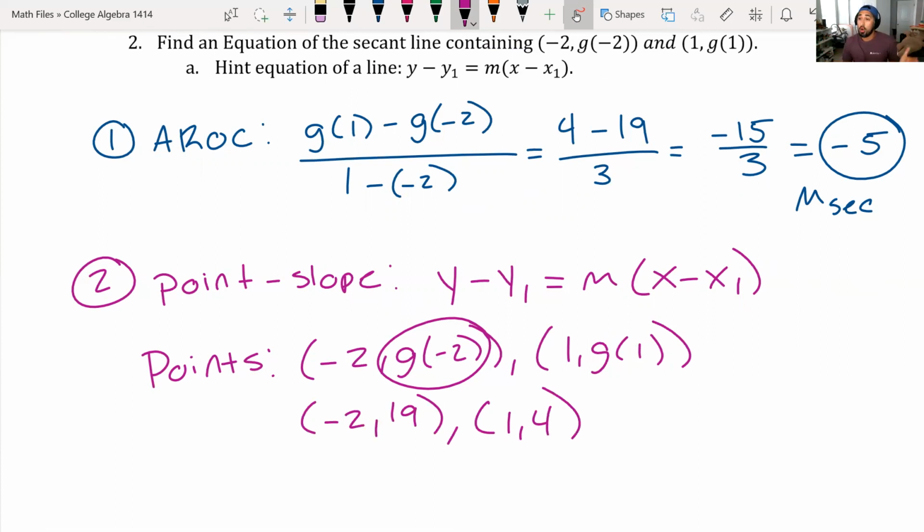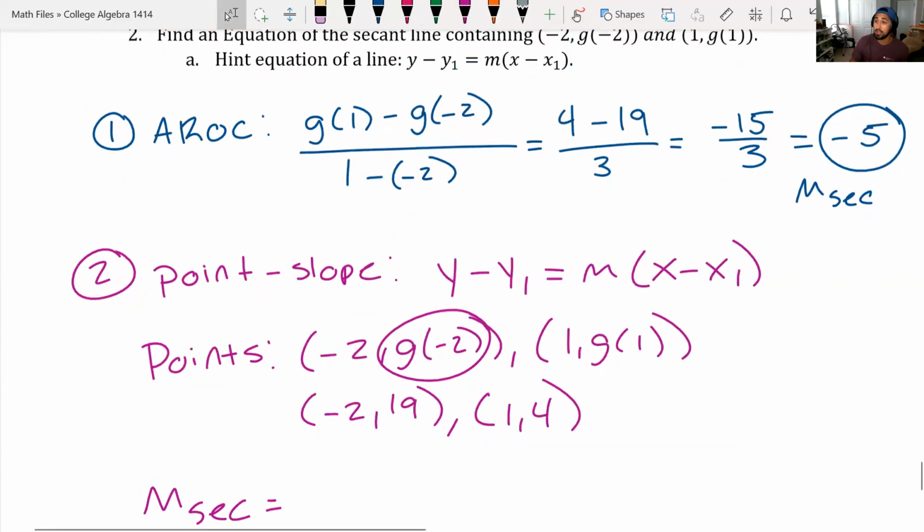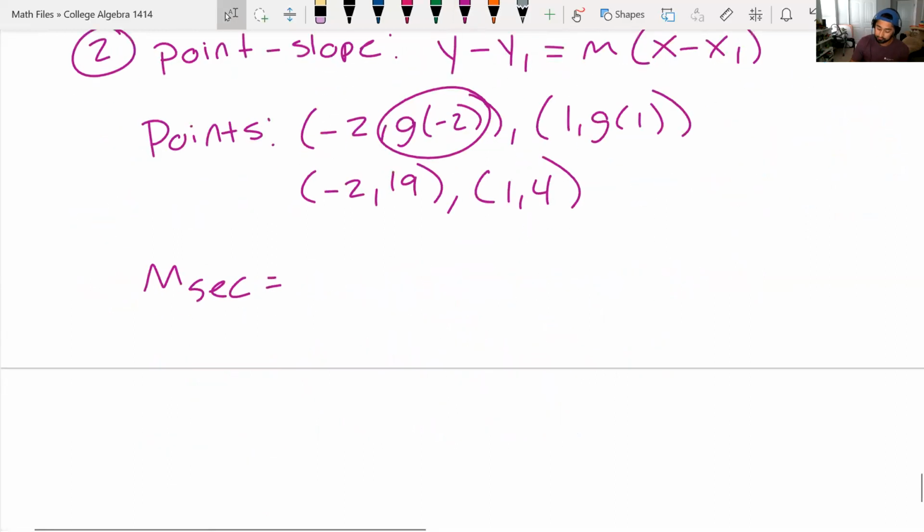So once again, all I need is a point, and all I need is a slope. So we have 2 points. We have more than enough information, which means I go on to the next ingredient, which is the slope of the secant line, which we found above, and that's -5. We have our 2 ingredients, plug them in.